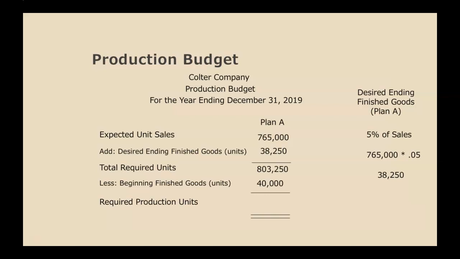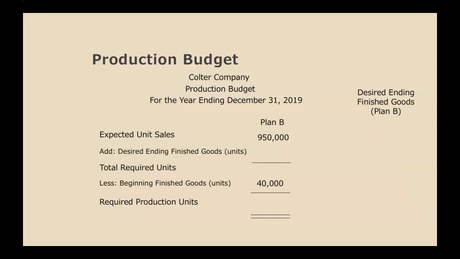We add that to our expected unit sales, we get 803,250. Subtract out our beginning finished goods, and we can see that under Plan A, we will have to produce 763,250 units this year.